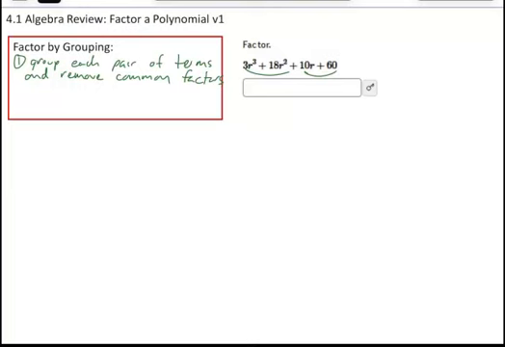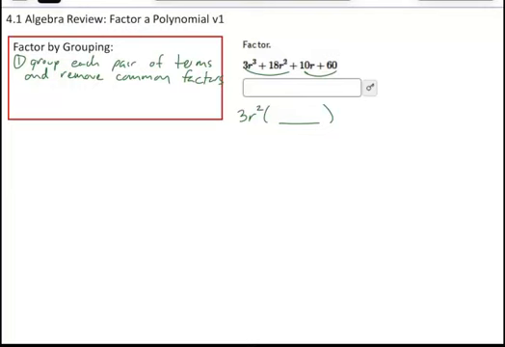So from the first pair of terms, 3r cubed plus 18r squared, what common factors can I remove? Numerically, I can remove a 3. And then variable-wise, they both have a common base r with the lesser power between the 2, which is 2. Once I remove my common factor, what remains has to have the same form as what I started with.